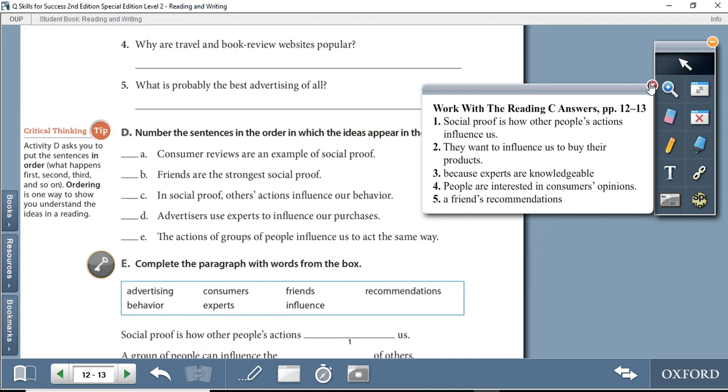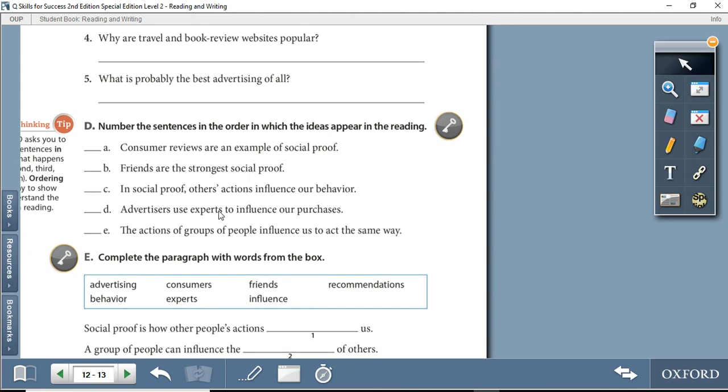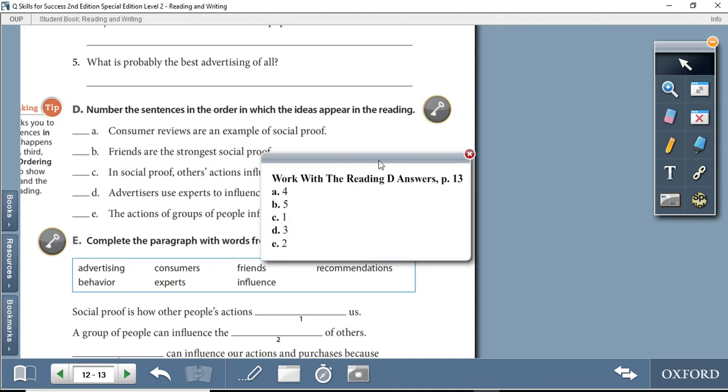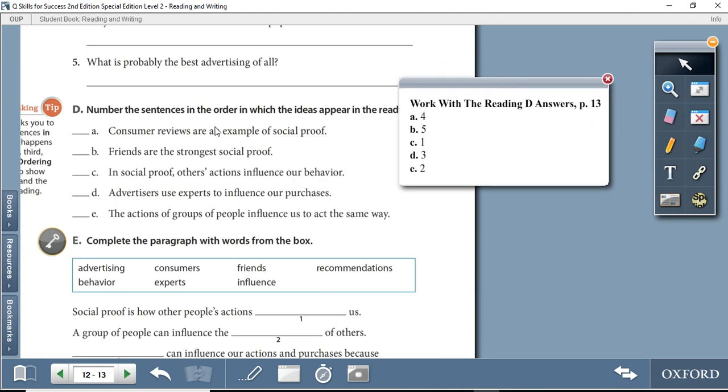Moving on to activity D. Number the sentences in the order in which the ideas appear in the reading. We'll start with the right order. So C is number 1. In social proof, others' actions influence our behavior. E is number 2.